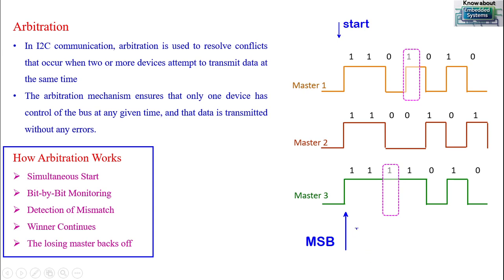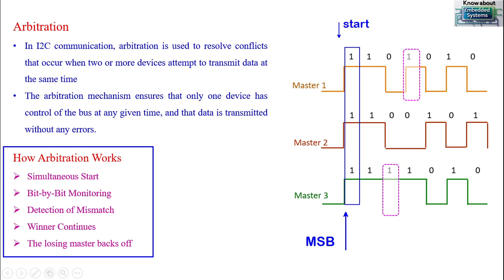So in that situation, the I2C bus will compare the bits of your masters. Always it will compare the bits, and the bits are the slave address bits. Master 1 sends some slave address, master 2 also sends some slave address, and master 3 also sends some slave address. So the I2C bus will compare the bits of all three masters.